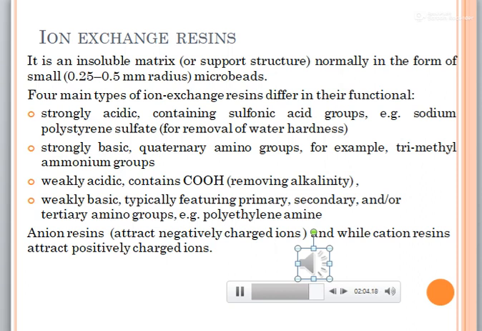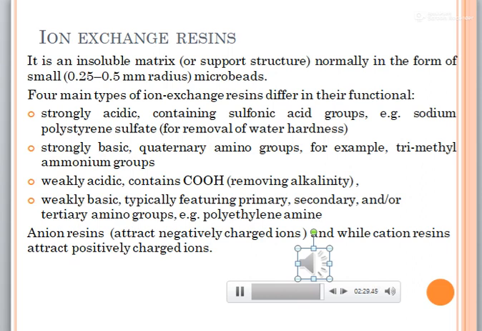Thus, the cations in the solution are replaced by hydrogen ions and anions by hydroxide ions, yielding water as a product. The softening of water by ion exchange doesn't require the removal of all ionic solutes, just those cations responsible for water hardness. Therefore, only a cation exchange resin is necessary.